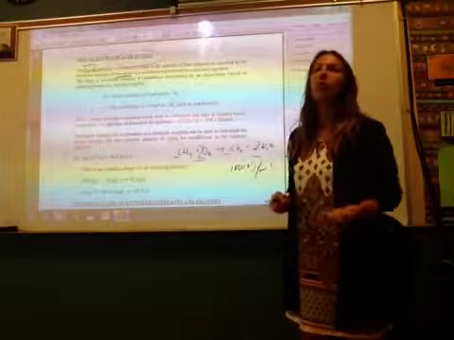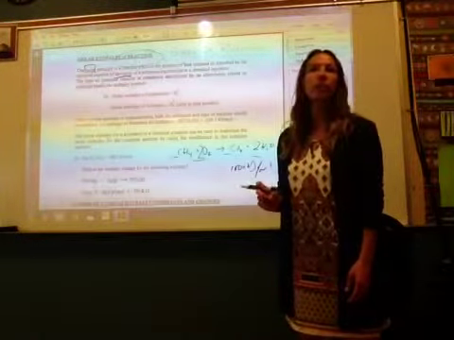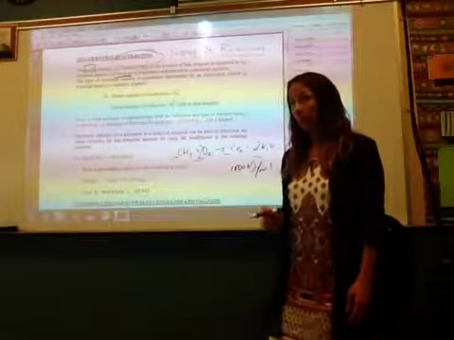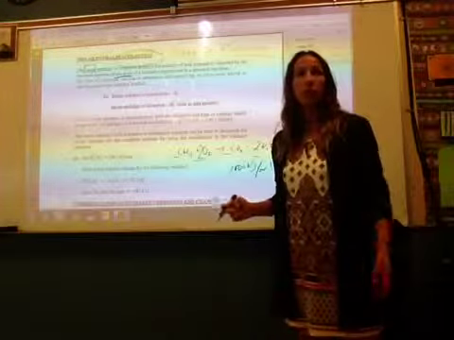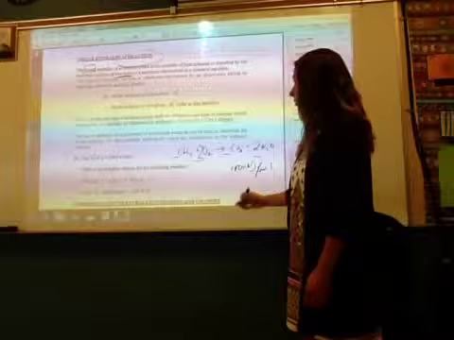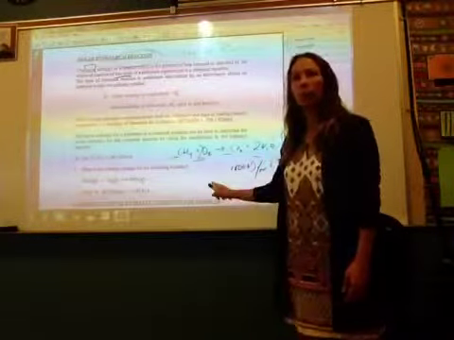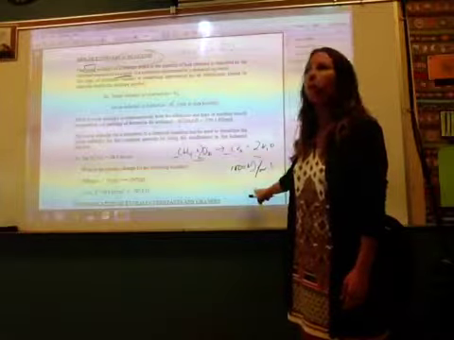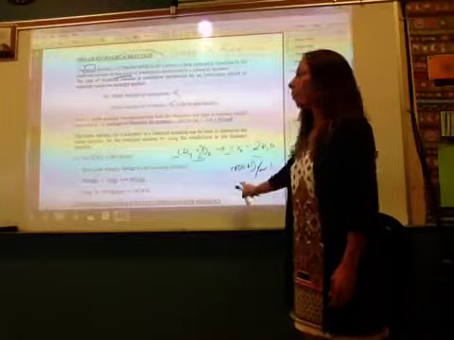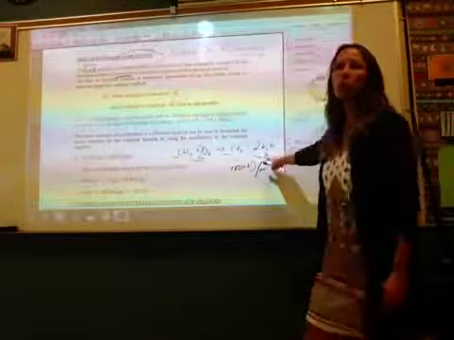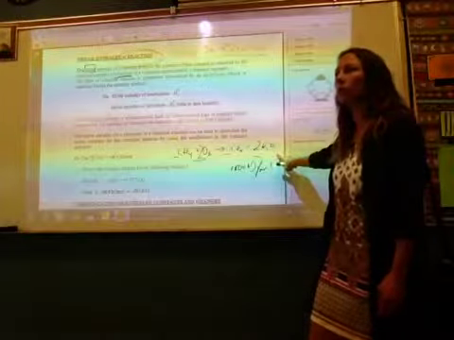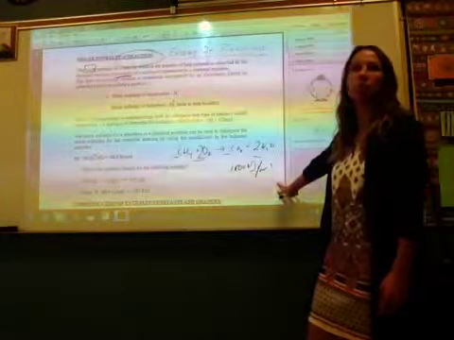How much would 2 moles of methane give you if you were burning it? Samantha? 2,000. 3 moles of methane would give you 3,000. Half a mole of methane would give you 500. What if you found that you only produced 1 mole of water? How much energy would you have produced?